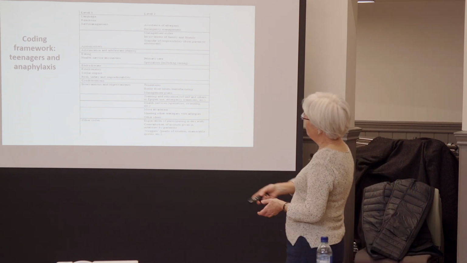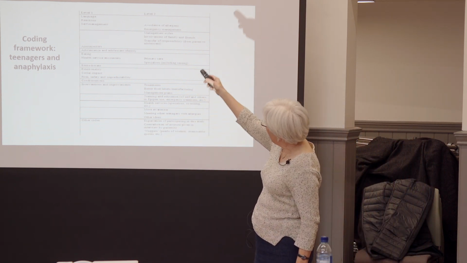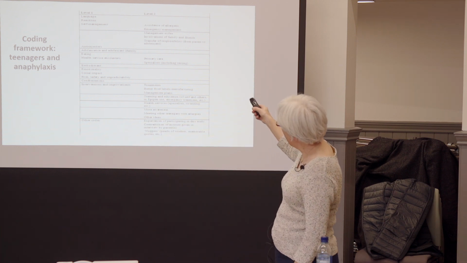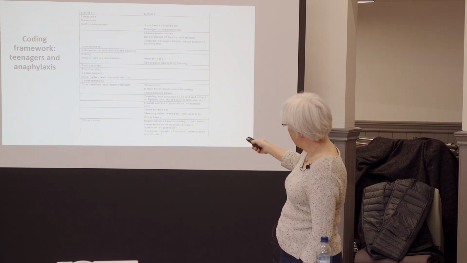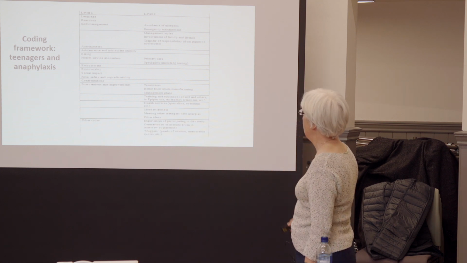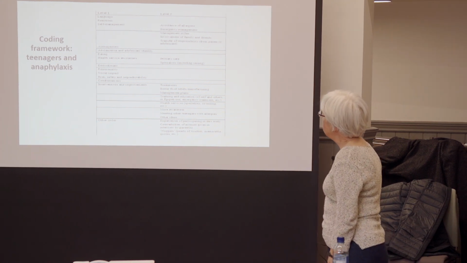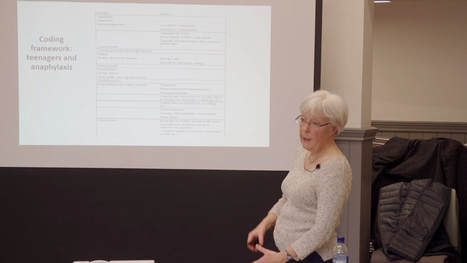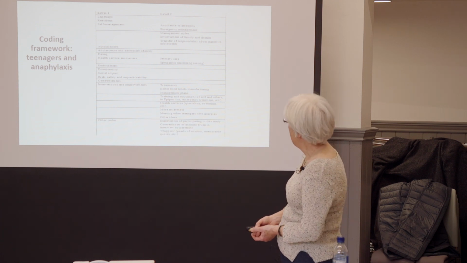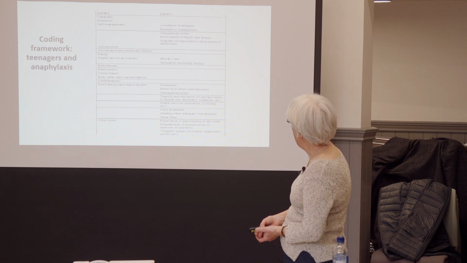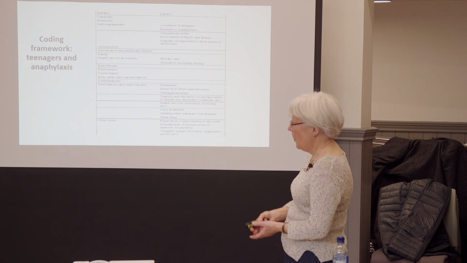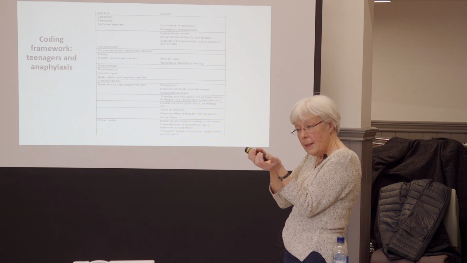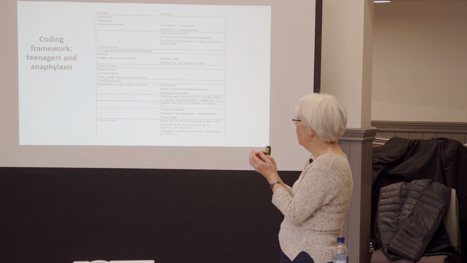So this is what a coding framework looks like. So you've got your top level, level 1 codes here, and slightly more separate codes there. So for example, auto-injectors. These are the injectors, the EpiPens that the teenagers carry with them. So we had a whole code where every mention of auto-injectors or EpiPens was put in that particular box.